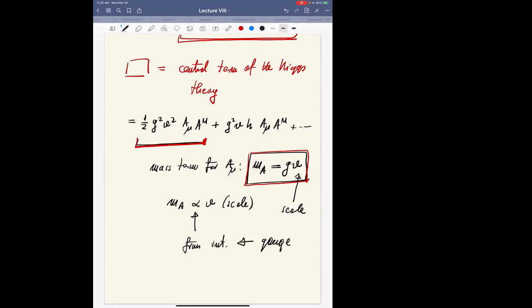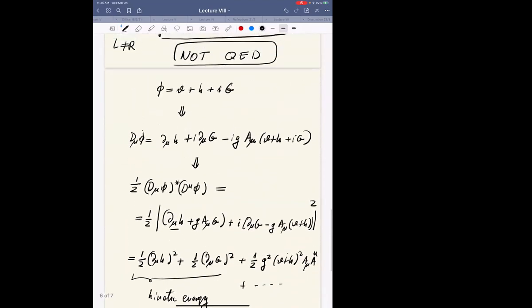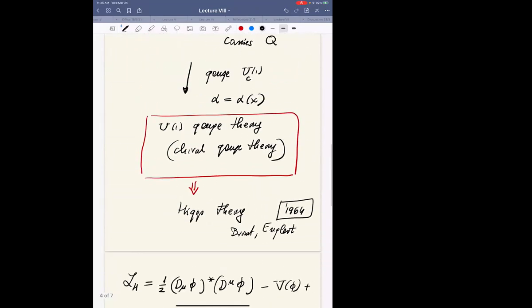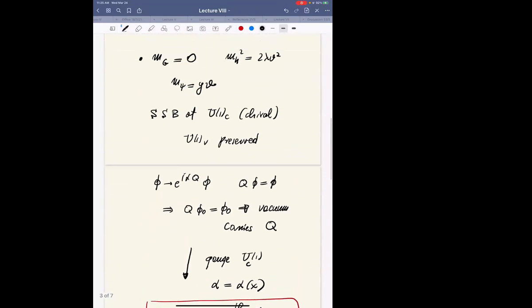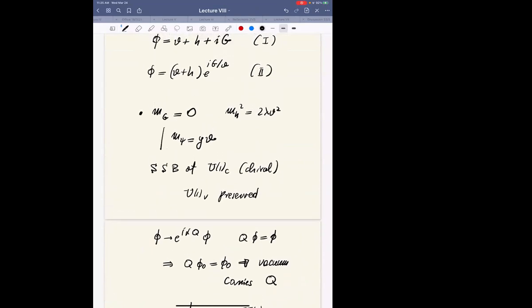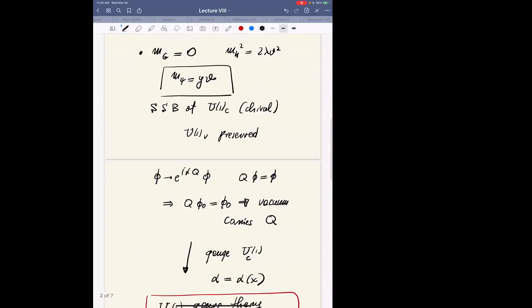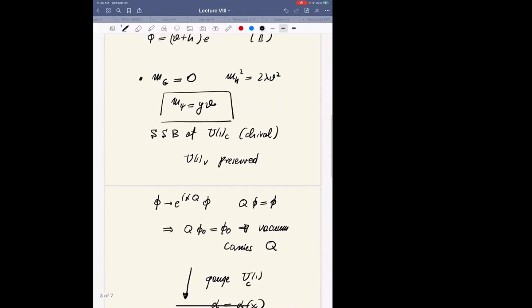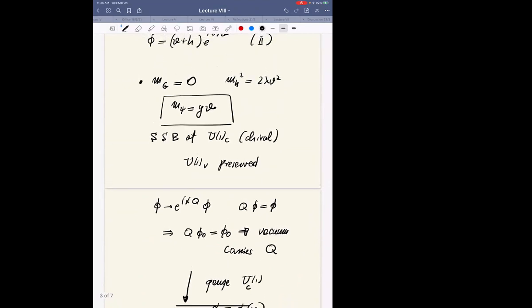For fermion, the interaction was Yukawa. Therefore, the fermion mass was proportional to Yukawa.